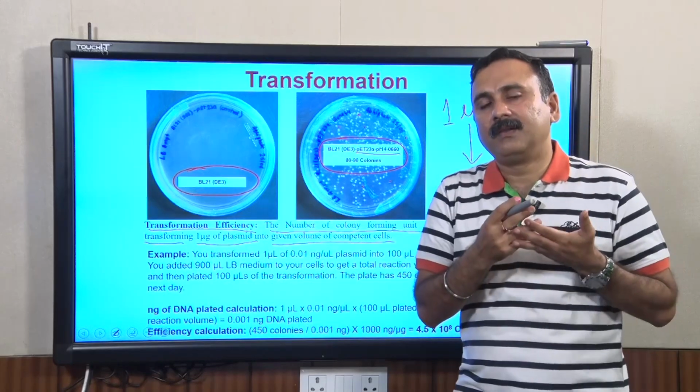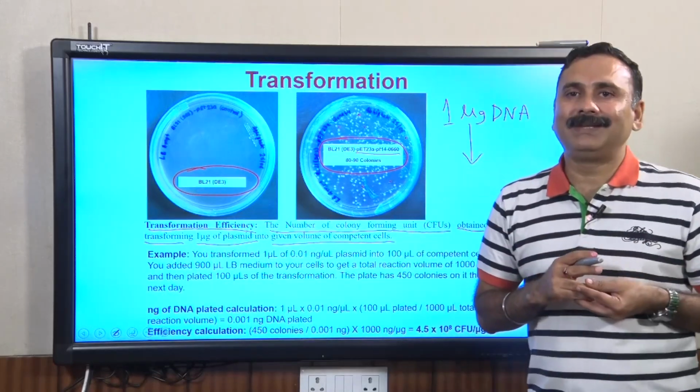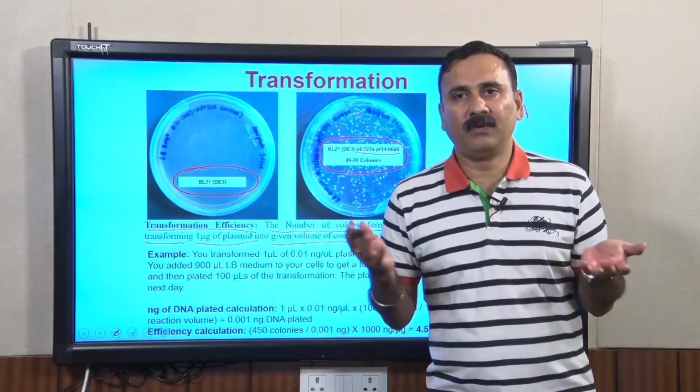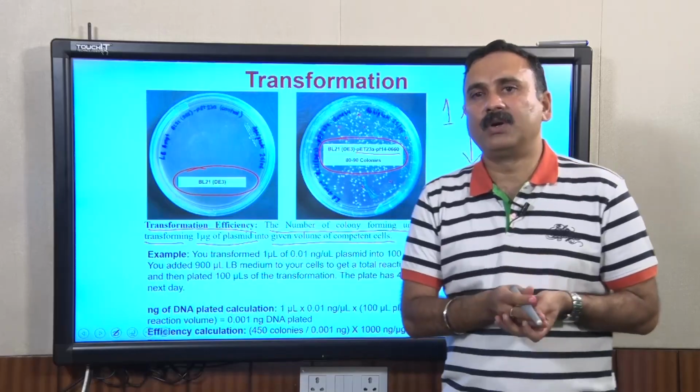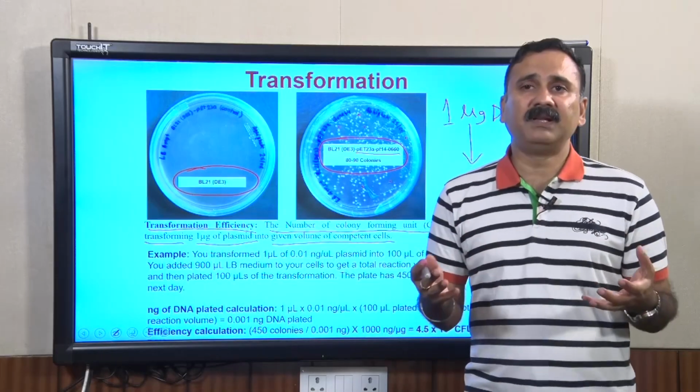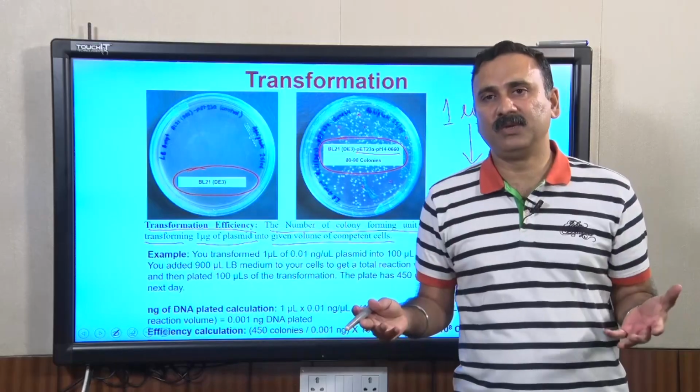Let us take simple data to see how you can calculate the transformation efficiency after your transformation, because it is very important that you use competent cells of very high transformation efficiency.